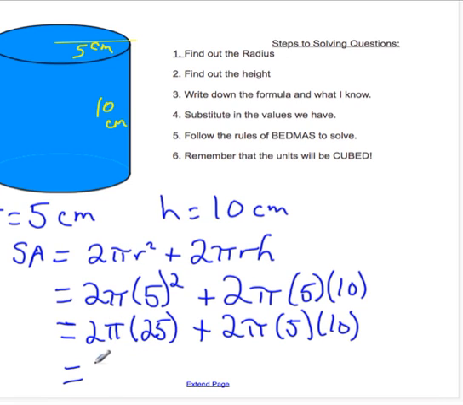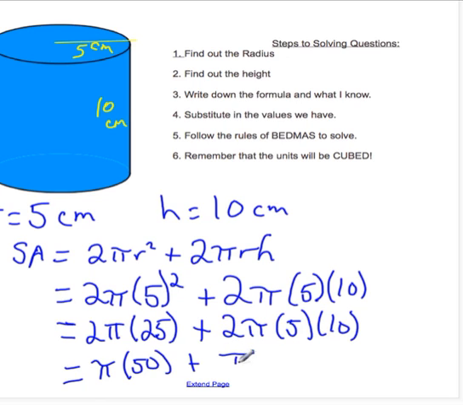I'm going to do 2 times pi times 25. Well, I know I can do 2 times 25 and make it simple, so I'm going to leave the pi alone to begin with. So it's going to be pi, and 2 times 25 is 50. So pi times 50 plus, well, 2 times 5 is 10, times 10 again gives me 100.